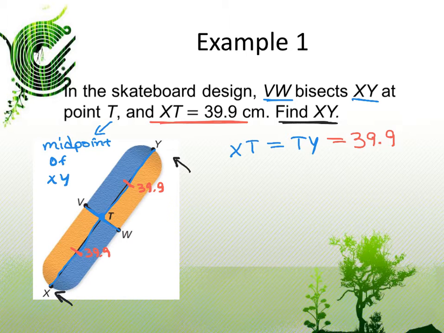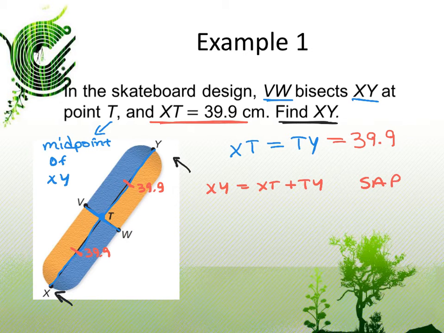Now, let me show you officially and how we could draw this in and get an idea of how you're going to be writing proofs. So I'm going to show you how this applies. We're going to use our segment addition postulate, and we know that XY is equal to XT plus TY.